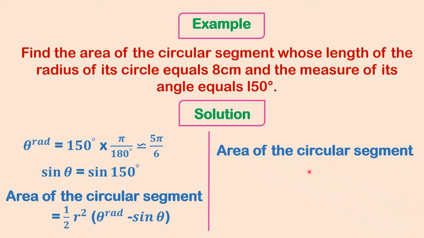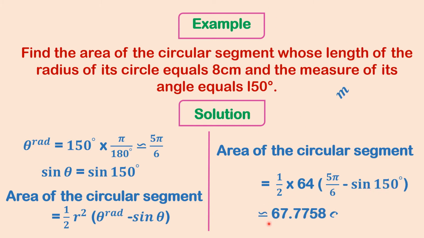By substituting the values, the area will be equal to 1 over 2 times r, which is 8, so 8 power 2 is 64, times the bracket theta rad 5 pi over 6 minus sine theta, which is 150. So the answer is approximately 67.7758 centimeters square.